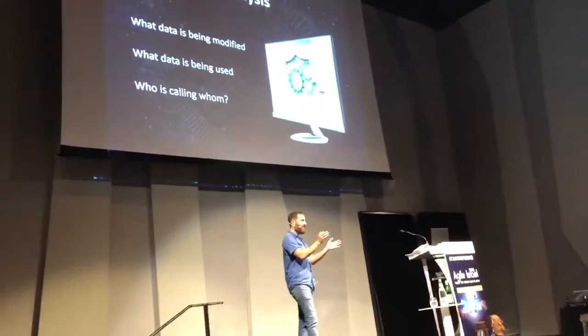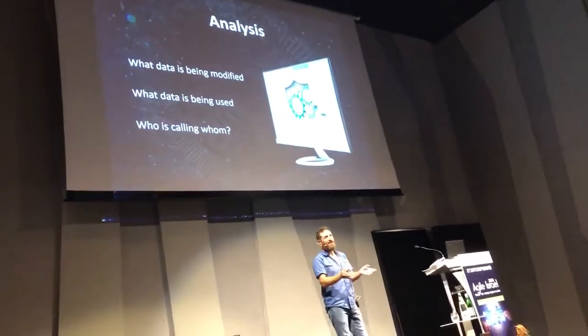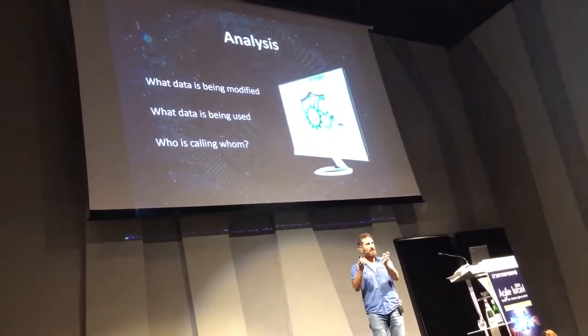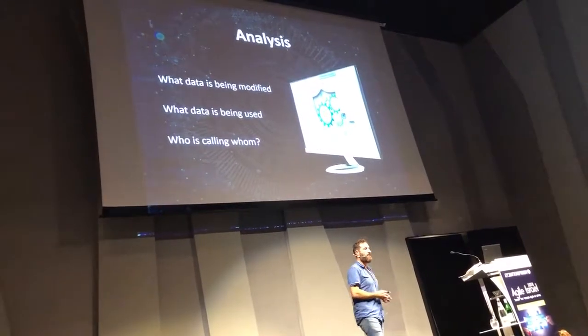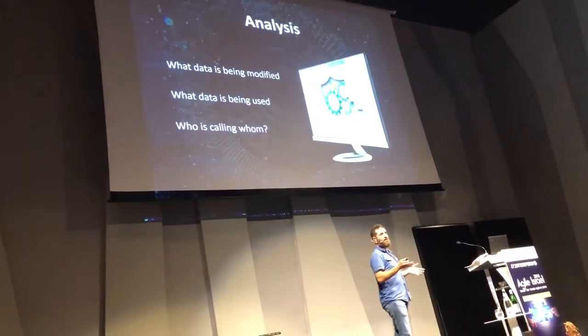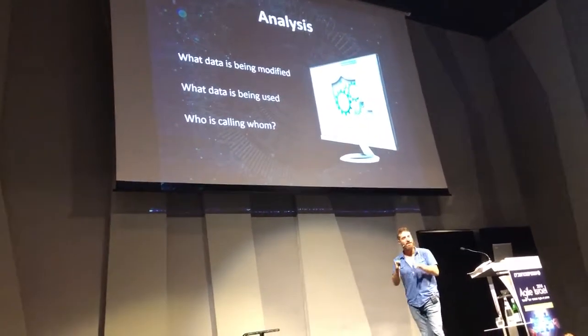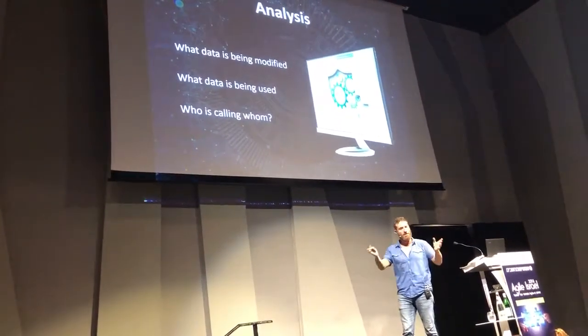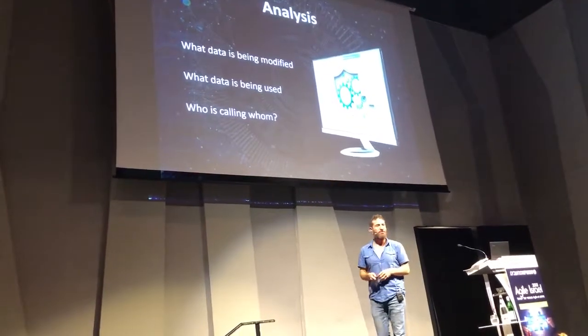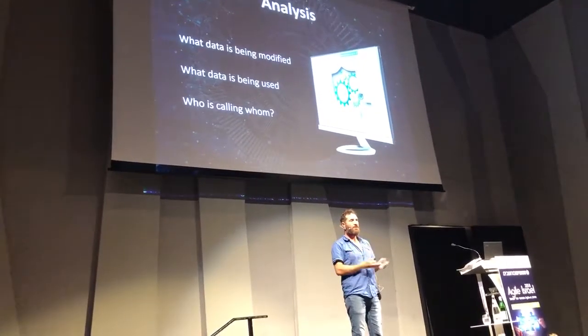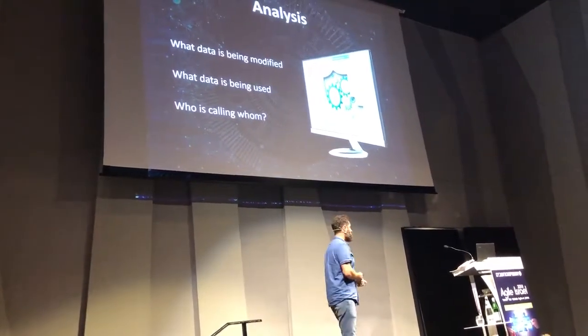Okay? Is it writing data? Is it reading data? Is it calling other stuff that's reading data and writing data? And if you get all this together, you can start building a model for what the code actually does, how it's being affected. Okay, so we have the isolation, which allows us to isolate parts of the code, and we have deep analysis to try to understand how each method affects another method.